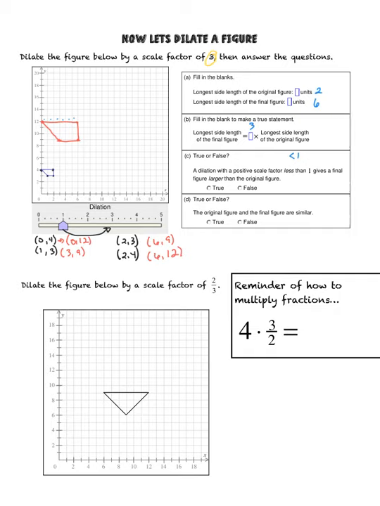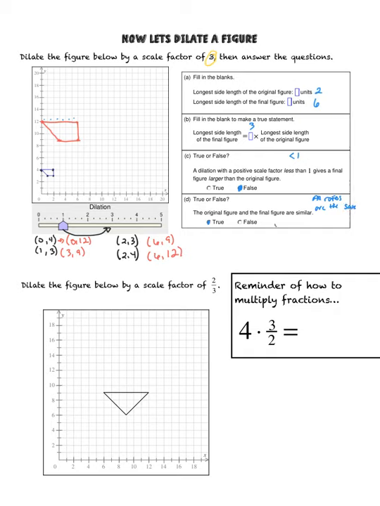So a dilation with a positive scale factor, meaning it's not a negative number, less than 1 gives a final figure that is actually smaller than the original figure. So that is false. All right, now let's do this one. We're pulling in unit 5, similarity. The original figure and the final figure are similar. This is true because all ratios are the same.